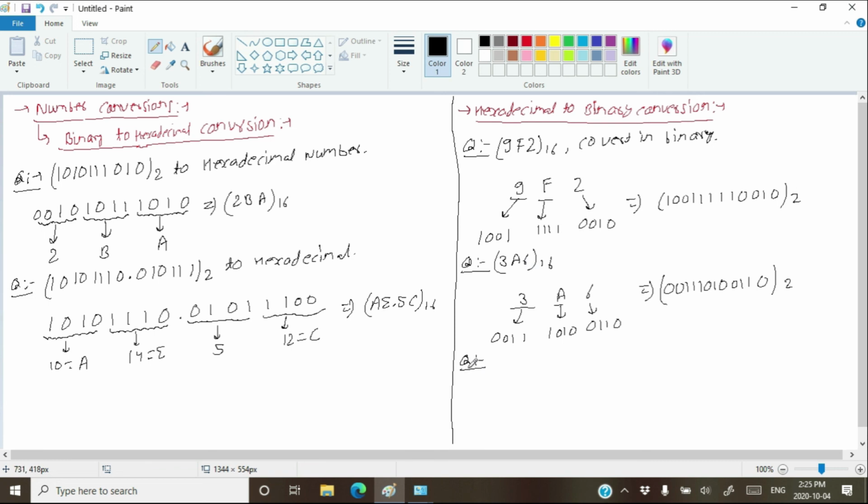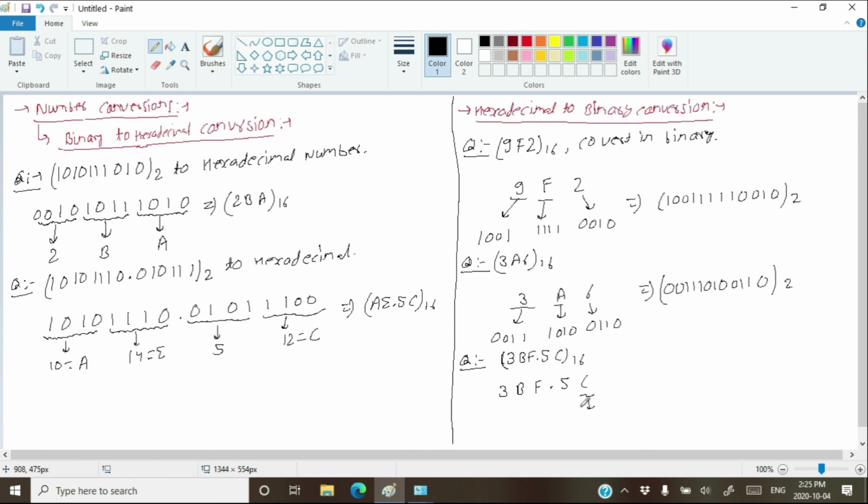The other question is 3BF.5C in hexadecimal number. If you write this number 3BF.5C and again you represent all the hexadecimal digits in 4-bit binary, then you will get, what about C?